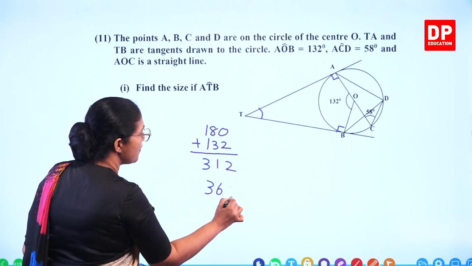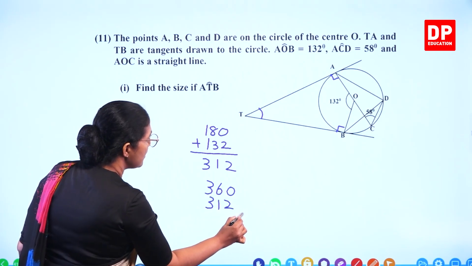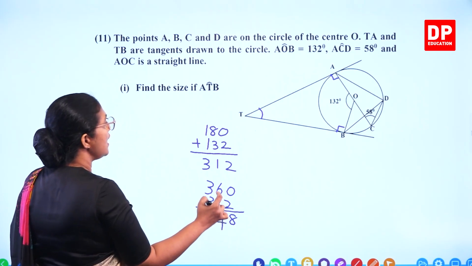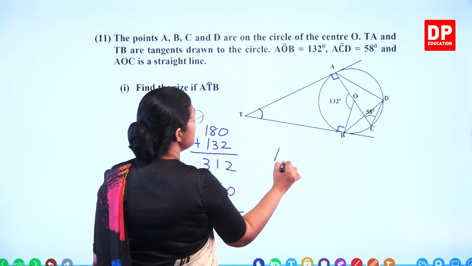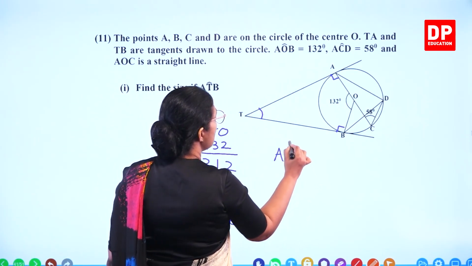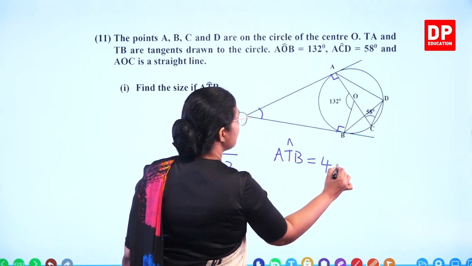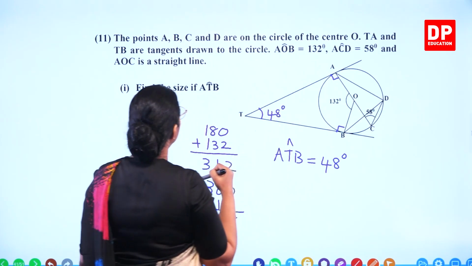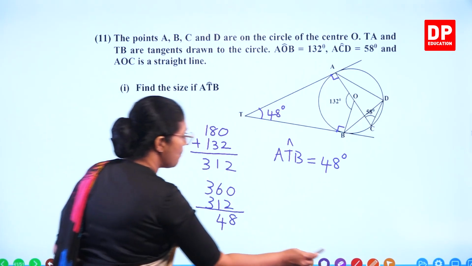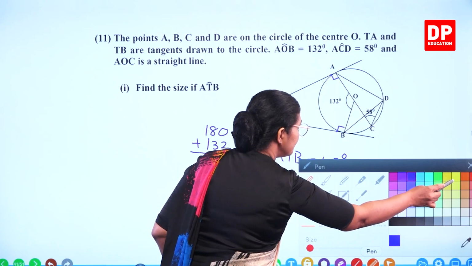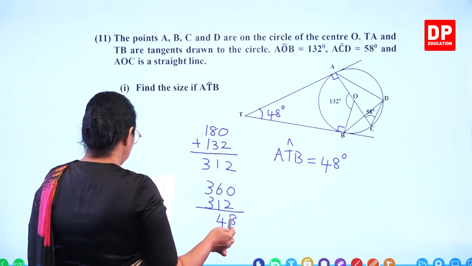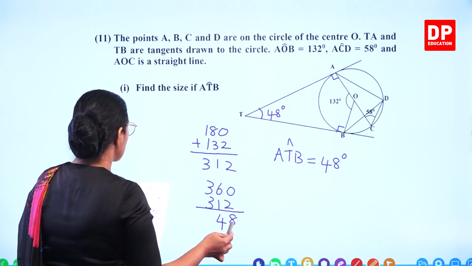Subtract from 360, you get the angle 48 degrees. So this ATB angle is 48. So how many marks for that part? 2 marks for that.